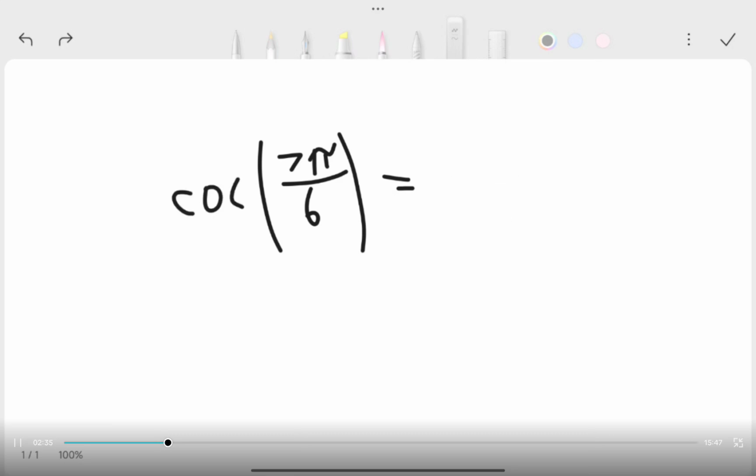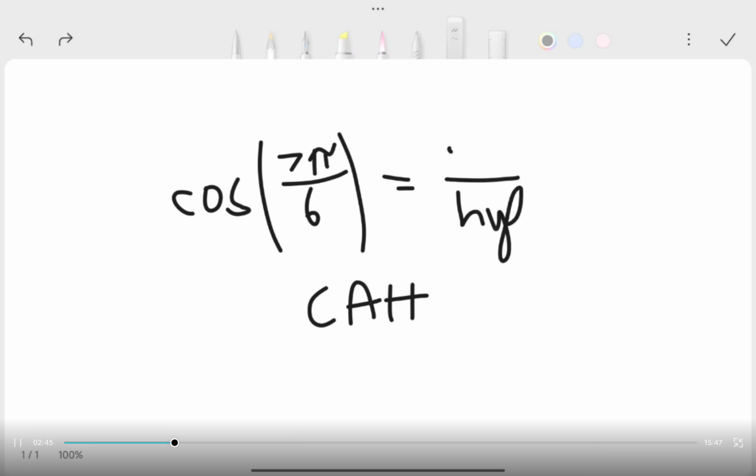So next is the cosine. Our cosine is the CAH, or the adjacent over hypotenuse. So it's negative square root of 3 over 2 divided by 1. So simply negative square root of 3 over 2.